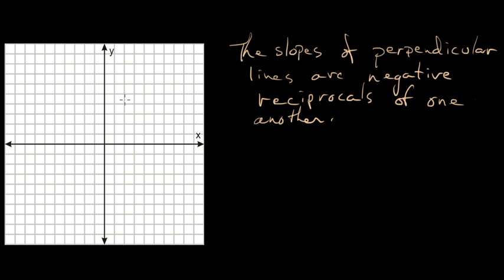Say you got a line here that's y equals negative 2x plus 4, and you want to know what the slope of the line is that's perpendicular to this. Well, a negative reciprocal, remember negative 2 over 1, the negative reciprocal for this is positive, because a negative of a negative is a positive.